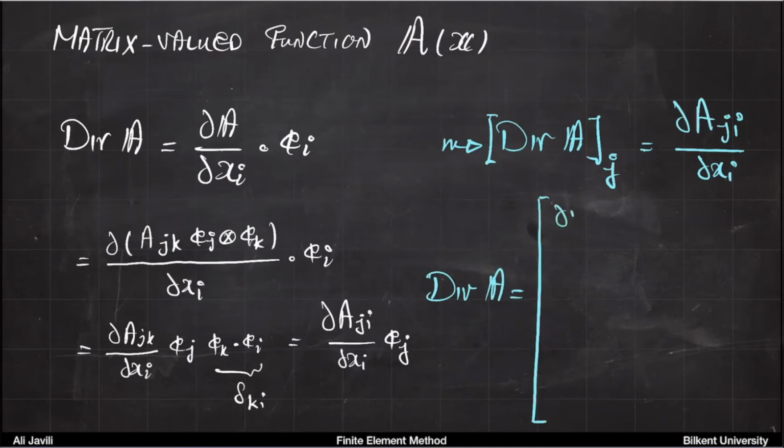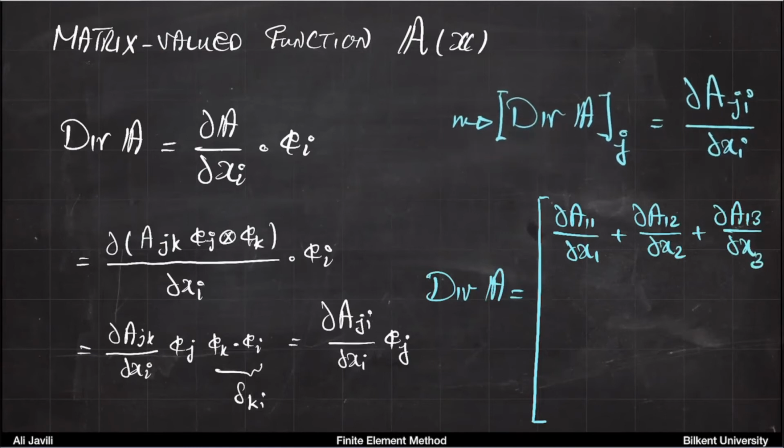It's the derivative of A11 with respect to x1 plus the derivative of A12 with respect to x2 plus the derivative of A13 with respect to x3, right? You can clearly see how this happens, right?